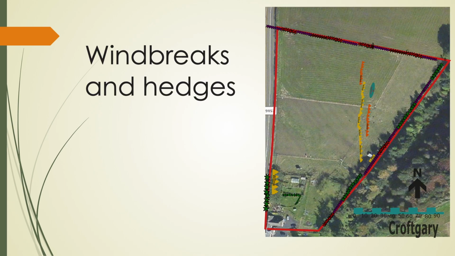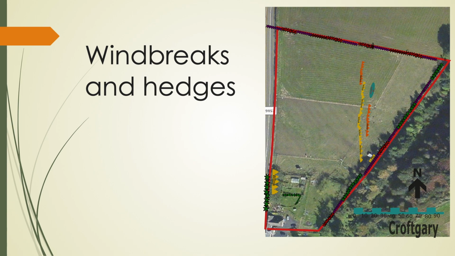So having identified which space we wanted to use, the first thing I needed to do was design windbreaks and hedges. We put a windbreak right along the north boundary between ourselves and the farmer. That's where the northeast winds come from, which are very cold. We didn't want to make it too tall because we didn't want to shade out the farmer, as the sun would be coming from our side through to his.